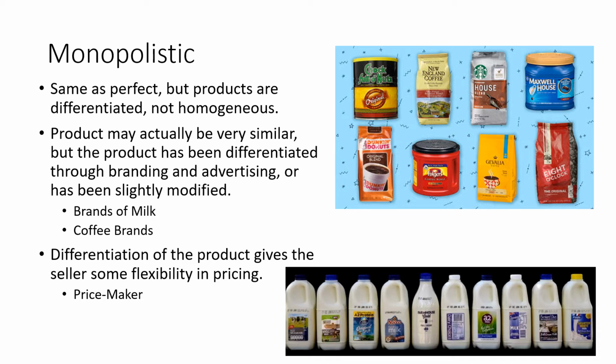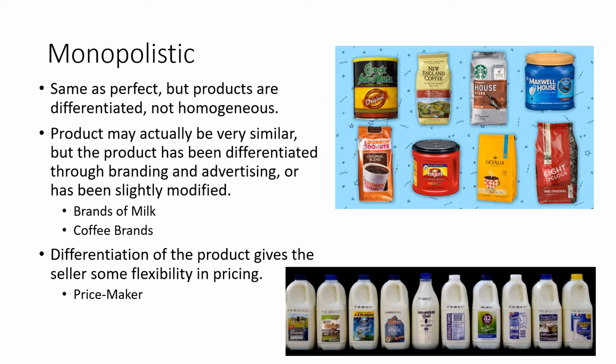But Dean's milk and Prairie Farms milk, they have marketed themselves in a way that is differentiated, whether that be through their labels, their advertising, their commercialing, the things that they put out that way.